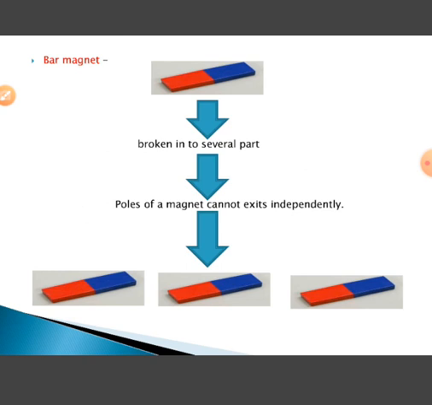We have the red part and the blue part, which denote north and south. If you break this magnet into smaller pieces, no matter how small the pieces are, each will always have both north and south. Poles of magnets cannot exist independently.